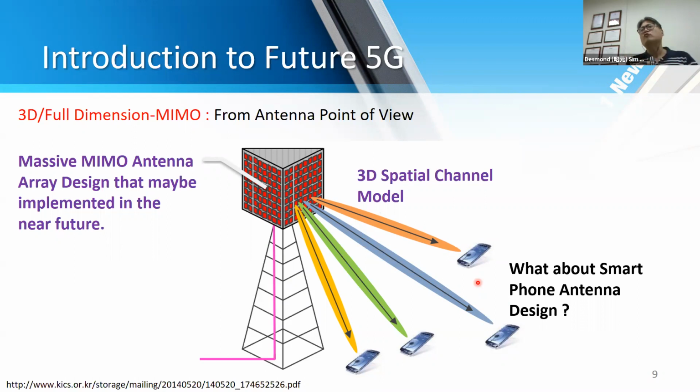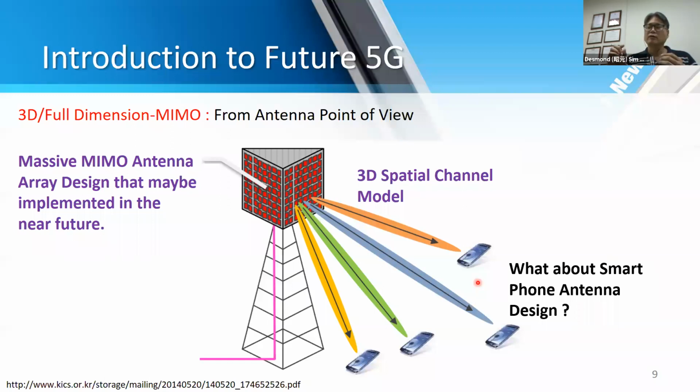But the question right now is, what about the smartphone design? We are facing a great challenge in smartphone antenna design, because the smartphone itself is very small in volume. The thickness cannot be more than a centimeter, and right now it is around 7 to 8 millimeters.